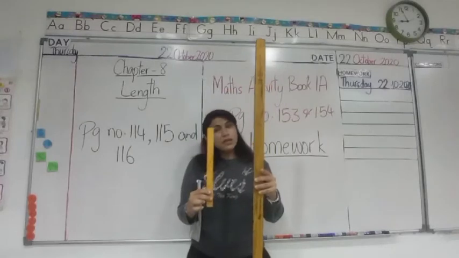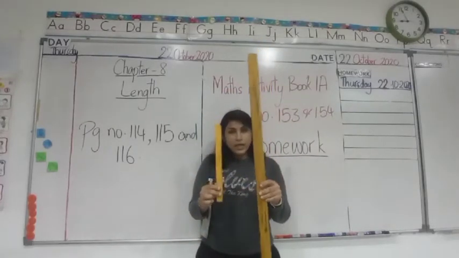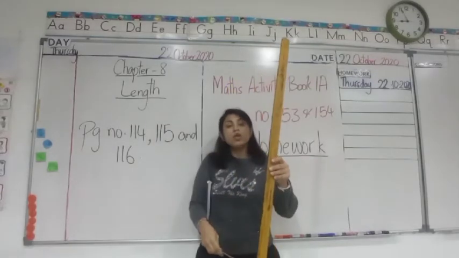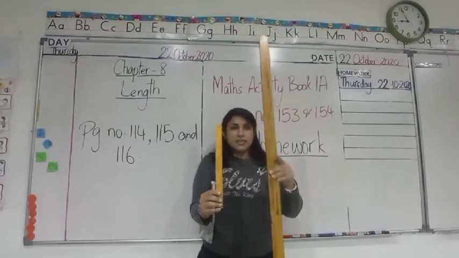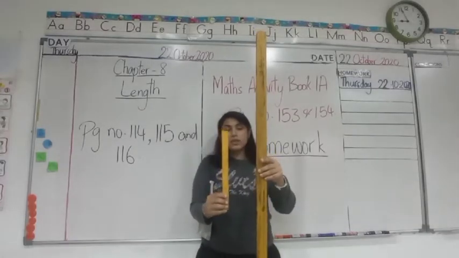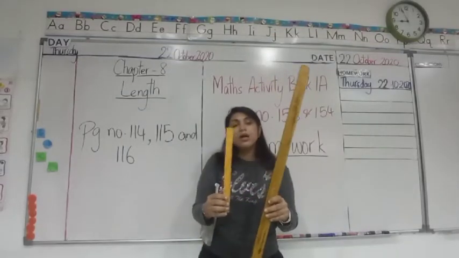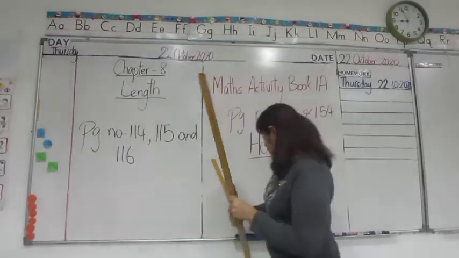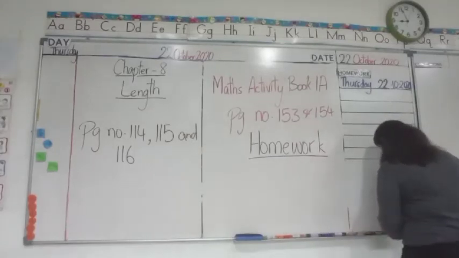You see their height, their length. This one is longer compared to this. Yes, it's tall and long. This one is short. So this is how we measure length. We look at objects and then we see which is tall, which is short.